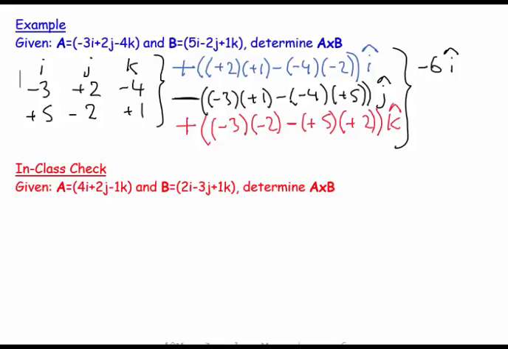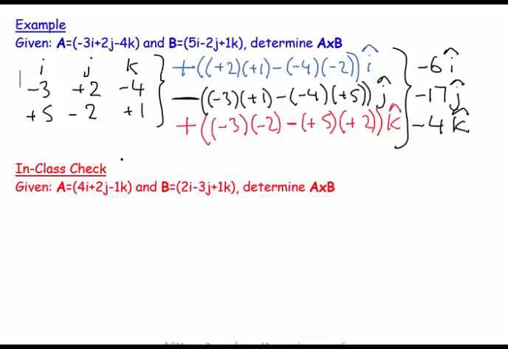Minus 3 plus 20 is plus 17, but there's a negative sign there, so that's minus 17j. And then for my third term, I'm going to have plus 6 minus plus 10. Plus 6 minus plus 10 is going to be minus 4, positive. Minus 4k.